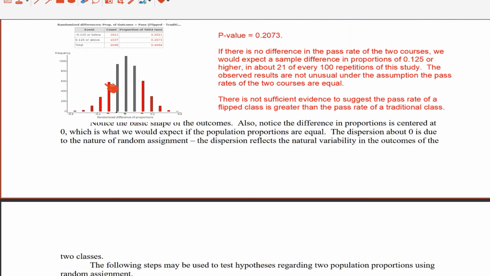Now, what I want you to notice is look at the shape of the outcomes in this difference of sample proportions. What kind of shape does it have? Bell shape. Pretty bell-shaped, which suggests, hey, maybe I could use the normal model to approximate the p-value as opposed to going through this randomization technique. Notice the difference in sample proportions is also centered about 0. That should make sense to you.